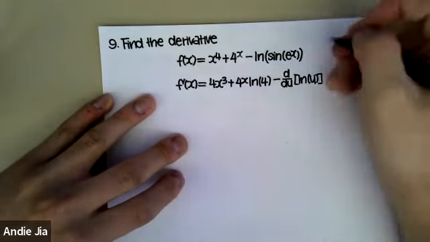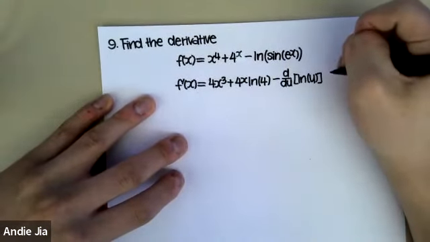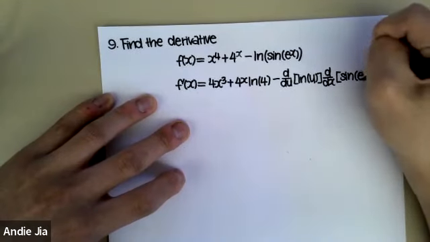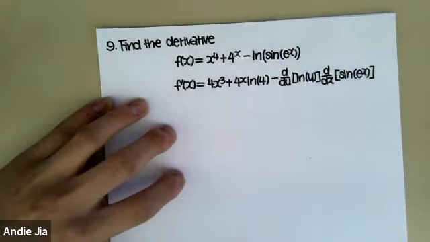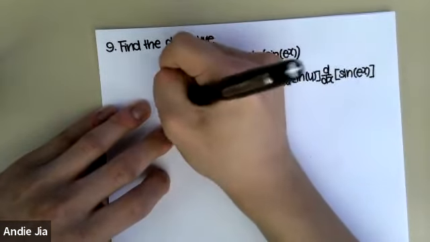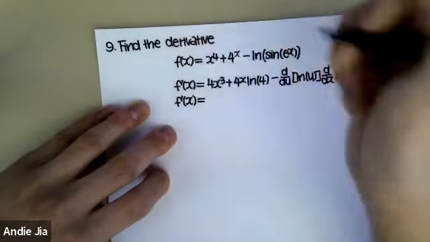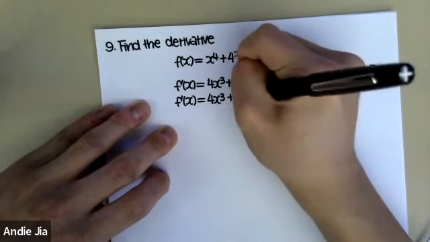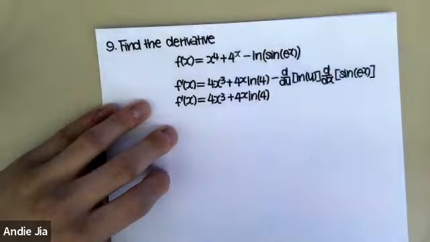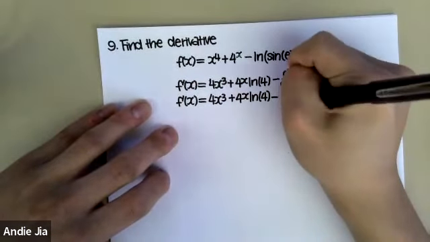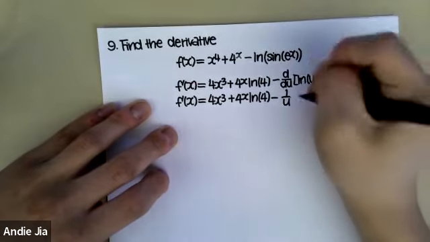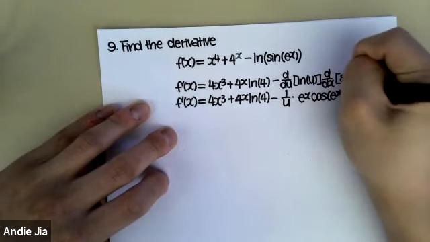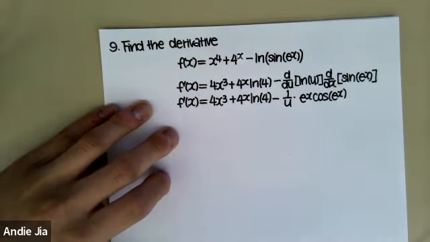And then d/dx of sine of e to the x. Then just do the whole thing. 4x to the cubic plus 4 to the x natural log of 4 plus 1 over u times e to the x cosine of e to the x. So am I doing this right?